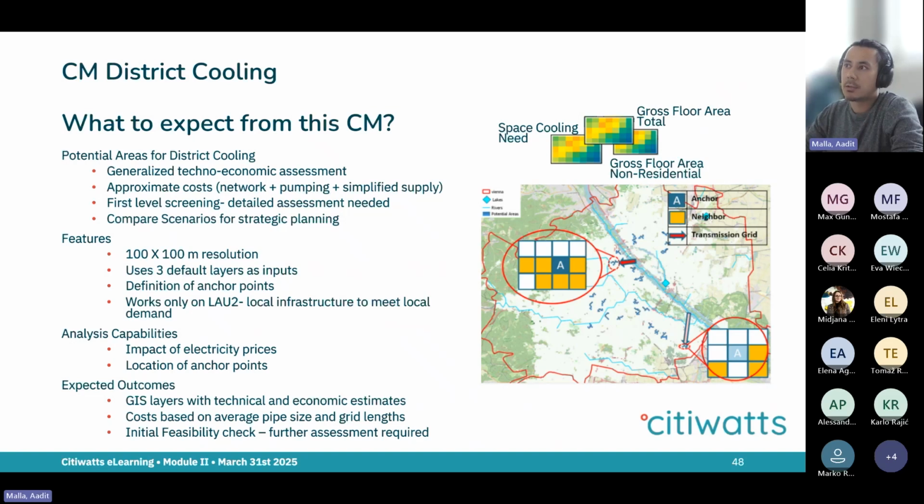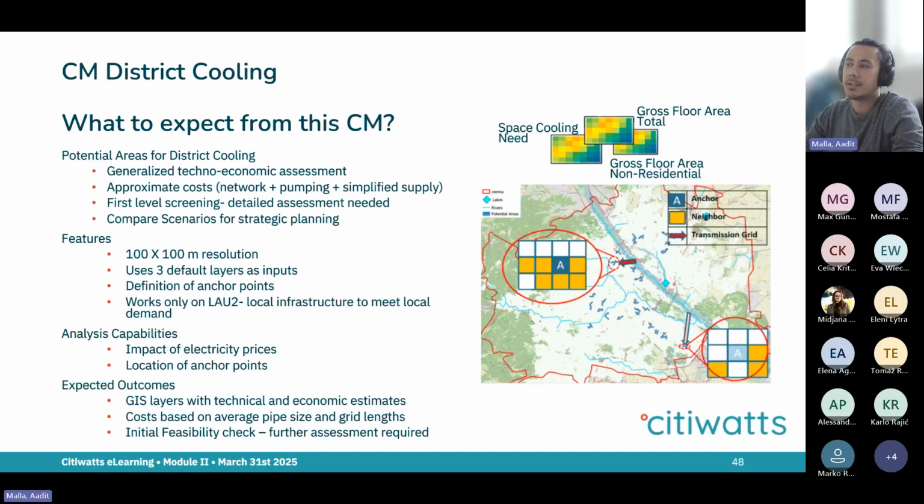It is a generalized techno-economic approach, and we do this by assuming different costs associated with the supply network, pumping costs for meeting certain demands, and also a simplified form of supply. The outputs are expected as a first level screening rather than a detailed final feasibility study.